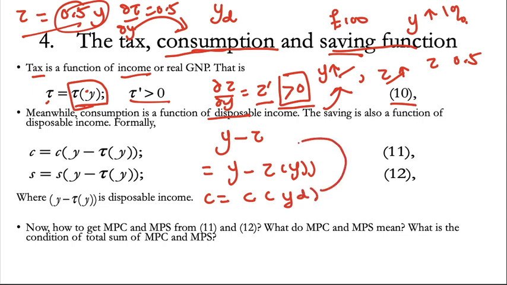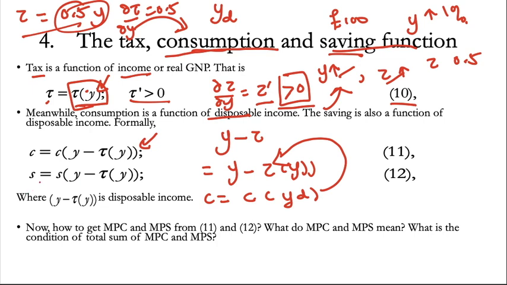But because disposable income contains tax, denoted as tau, and based on theory tax depends on income, we can rewrite it like this. But still, this is a generic function, not a specific function. It is detailed out in the form of consumption as a function of income, tax as a function of income. Can you see? Similarly, it goes to saving.